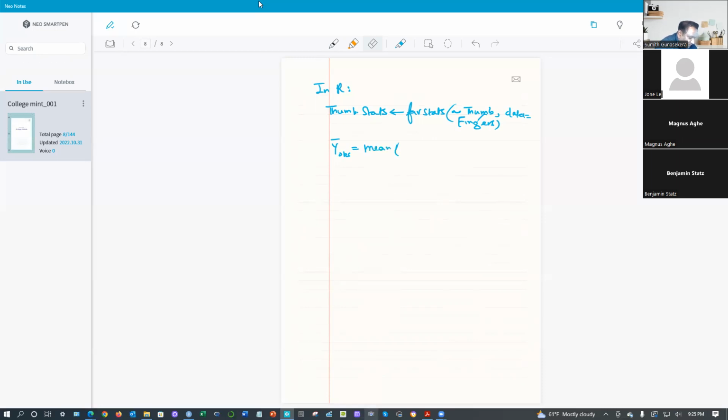Please give me the mean from thumbstat, like that data frame. That's how you get the 60.1. Or you can go straight to mean of fingers and go to thumb. See, that's another way. 60.1.